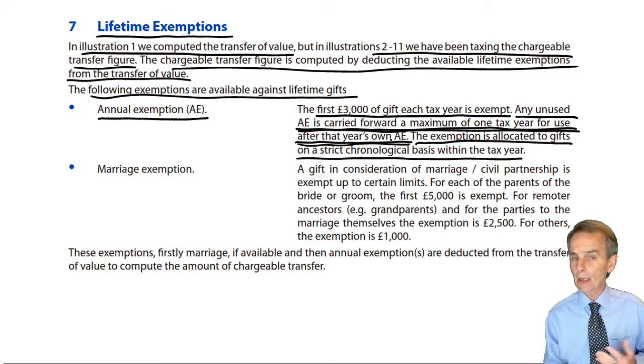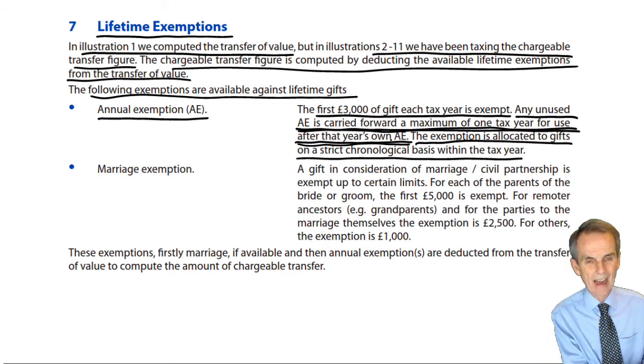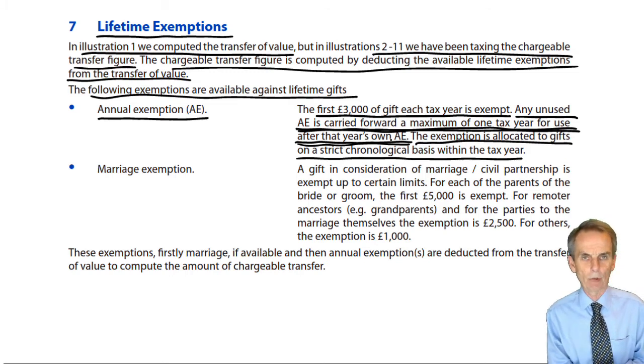Now, although you might like to use it the other way, you can't. So remember, for the first transfer in the tax year, you use firstly the annual exemption for that tax year, and if the transfer of value exceeds £3,000, you would then start to use up any unused annual exemption from the preceding tax year.